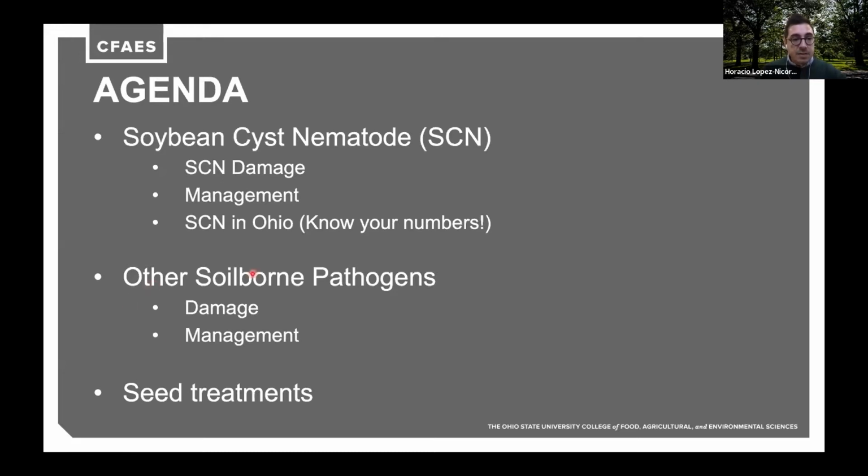Then we're going to transition and talk about other soil-borne pathogens, some true fungi, but also some water molds, Phytophthora and Pythium mainly. And with each of these organisms, we're going to touch a little bit on seed treatments as an alternative for managing them.